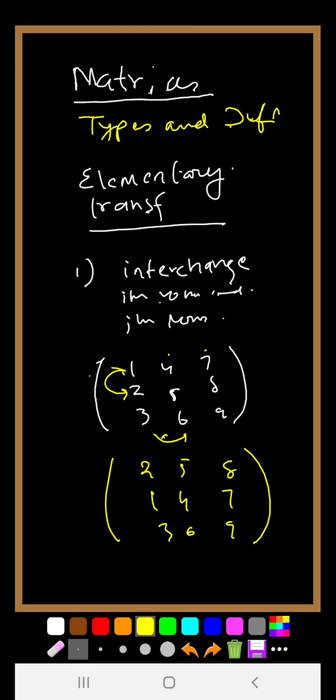Okay. Now the second type of elementary transformation is multiplication of every element of a row or column by a scalar.